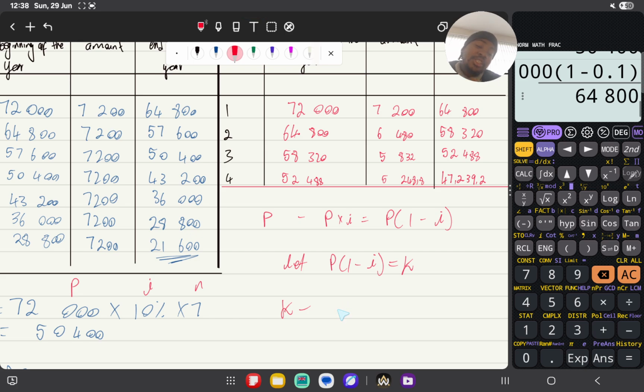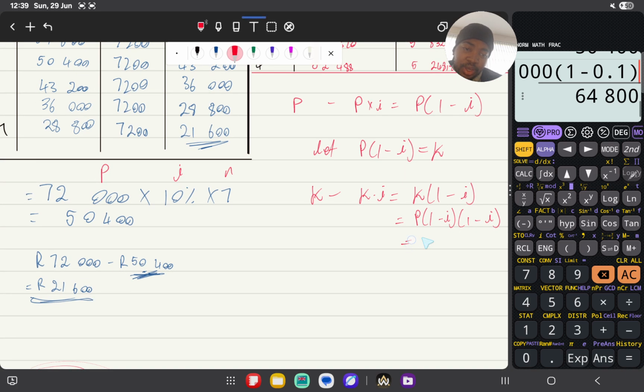So we calculate the interest on K. So it's K multiplied by the interest. Now you see that here you have K into 1 minus the interest, right? Which when you substitute K, remember K is P into 1 minus I, you have P into 1 minus I, then 1 minus I of the one we have here. So you have P into 1 minus I squared.